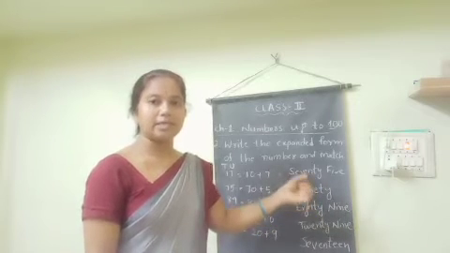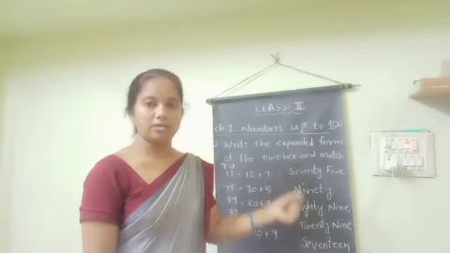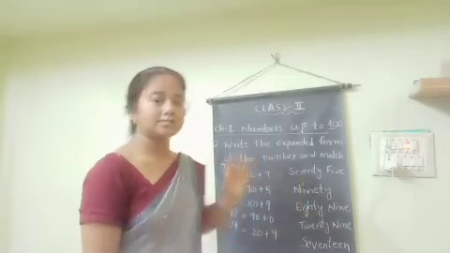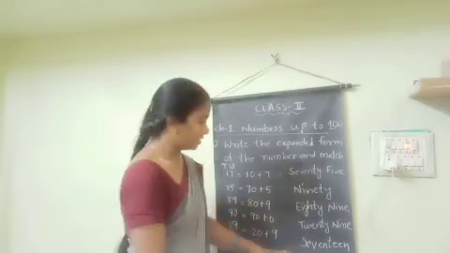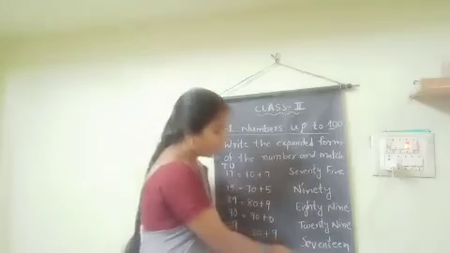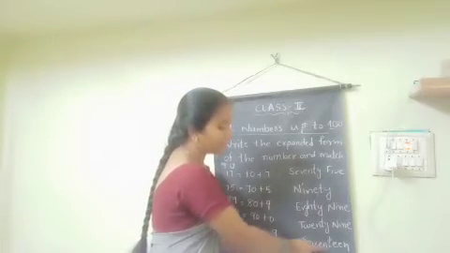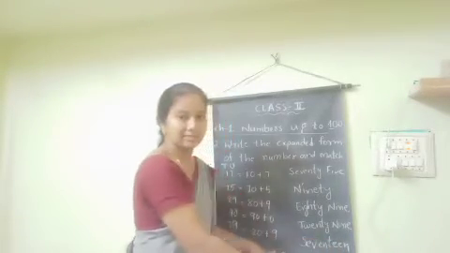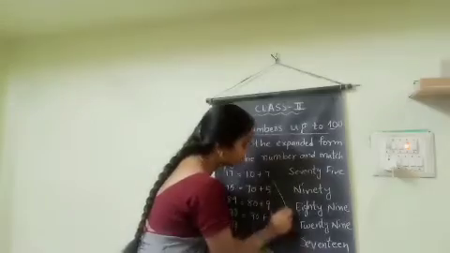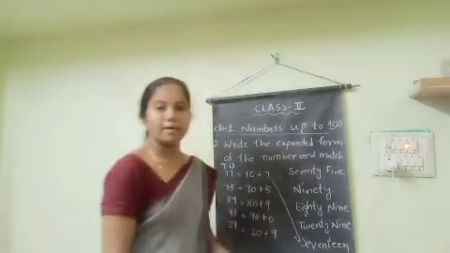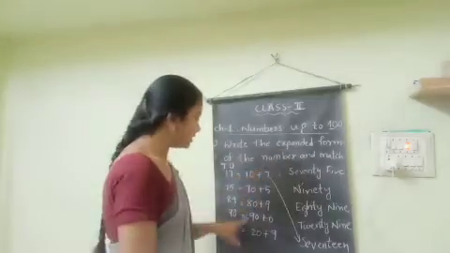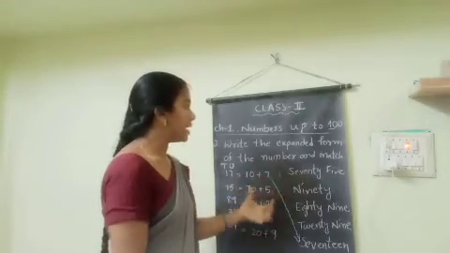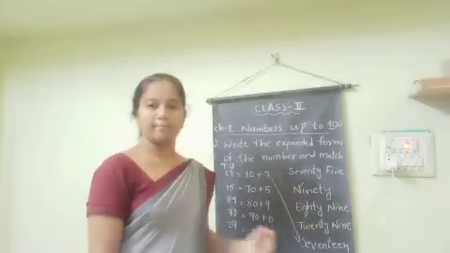SEVENTEEN, 17. Where is that spelling? Where is 17? Yes, here it is. SEVENTEEN, 17. So you should match this with the number name. First you should find the expanded form, then you should match it with the correct number name.